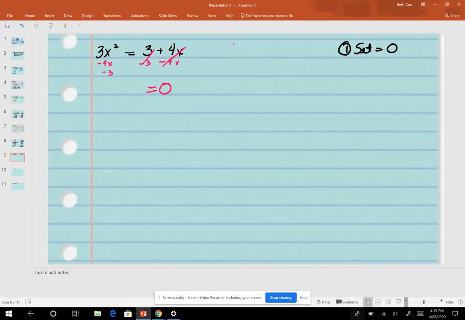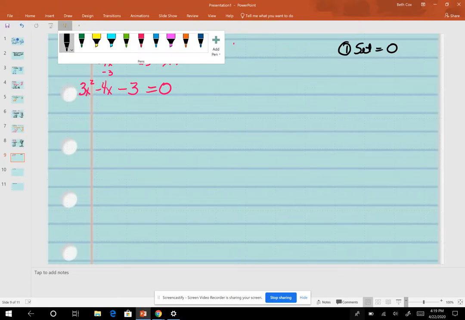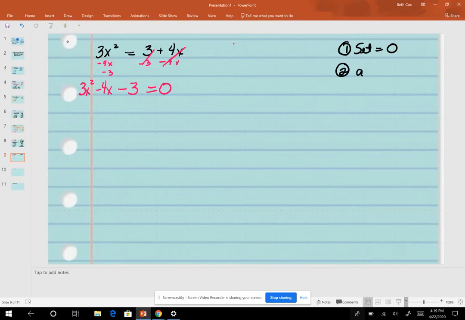Now make sure I get it in the right order when I write it down this time. That's going to be 3x squared minus 4x minus 3. Now, once I get that, I'm going to determine my a, b, and c. a is 3, b is negative 4, and c is negative 3. So I'm going to use my formula.